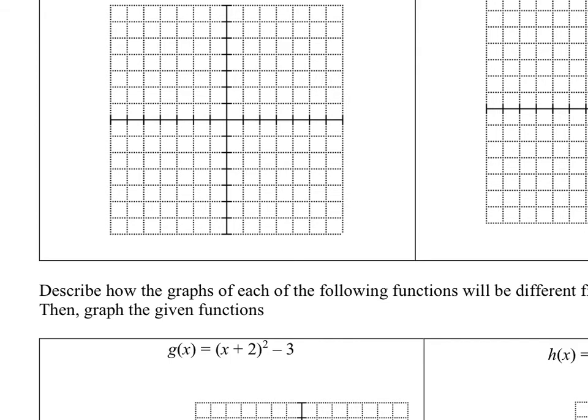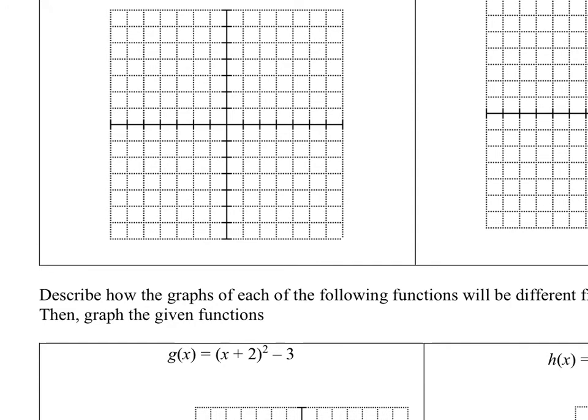All right, so now we're going to look at the basic cube root function. We have f of x is equal to the cube root of x. When x is 0, y is 0. When x is 1, y is 1. When x is negative 1, y is negative 1. Now, on this graph, we don't have enough room for the x value, so we're going to extend it one more.